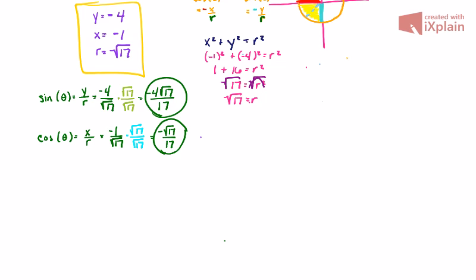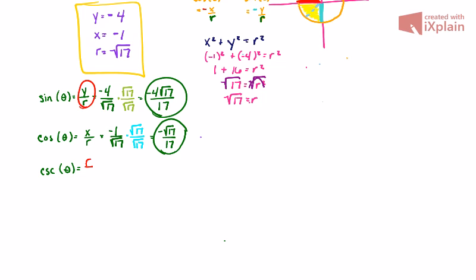Because we're having so much fun, why stop there? So now let's go ahead and do cosecant of theta. Recall that cosecant is the reciprocal of sine. So that means that I can just take my ratio for sine and do its reciprocal.